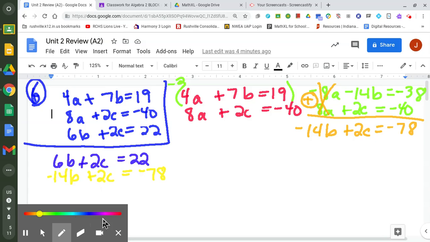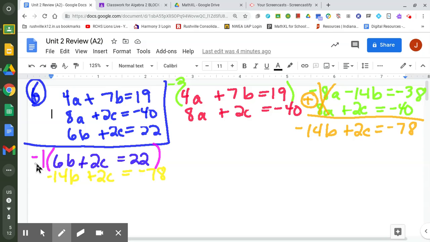So to make one of those equations negative, I need to multiply by negative 1. So this now will become negative 6B minus 2C equals negative 22. The bottom equation stays: negative 14B plus 2C equals negative 78.